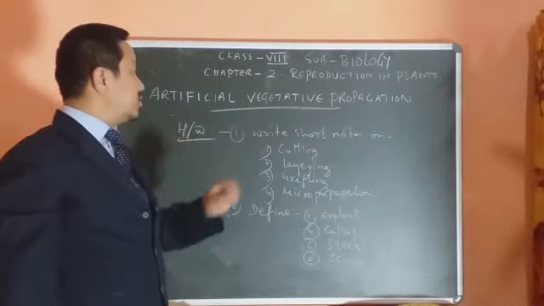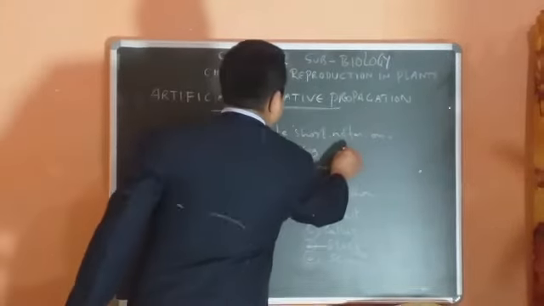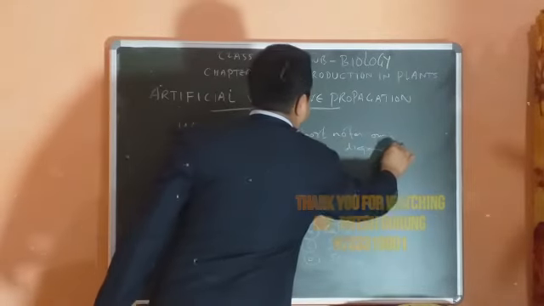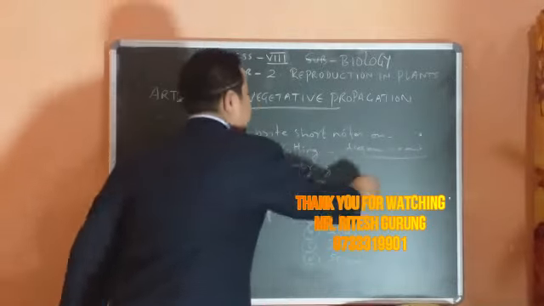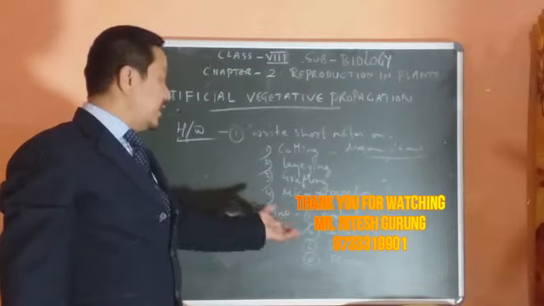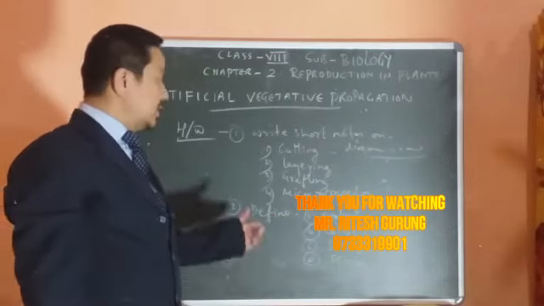Number 1, write short notes on cutting, layering, grafting, micropropagation. Here the diagram is important, a must. We need to draw the diagrams of all those. That's very important. Then define explant, callus, stock, and scion. So these are the homeworks for you.